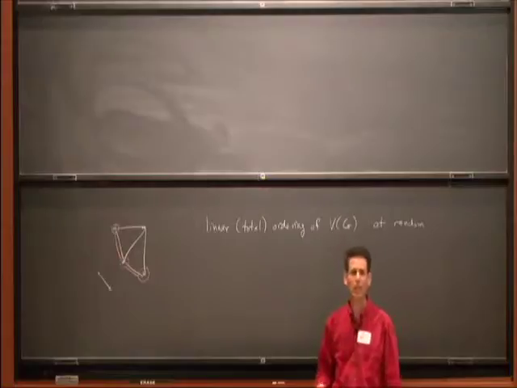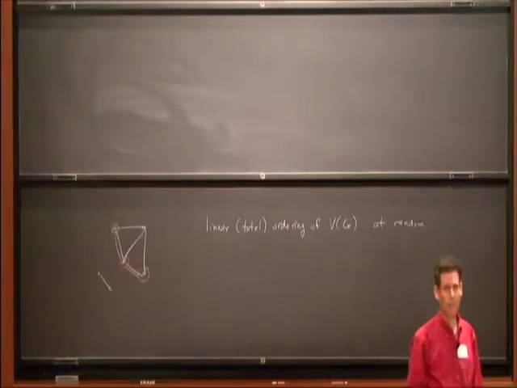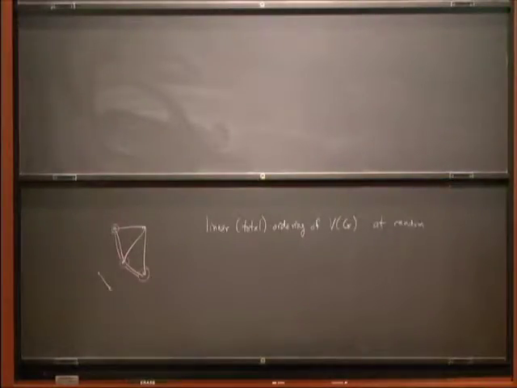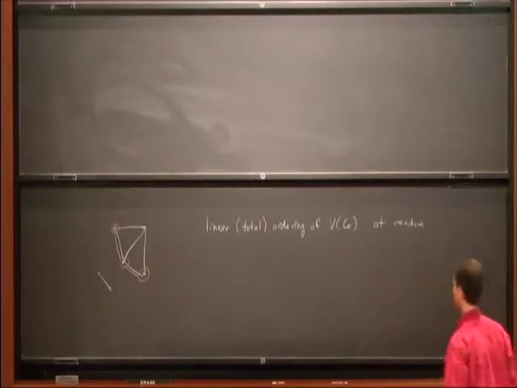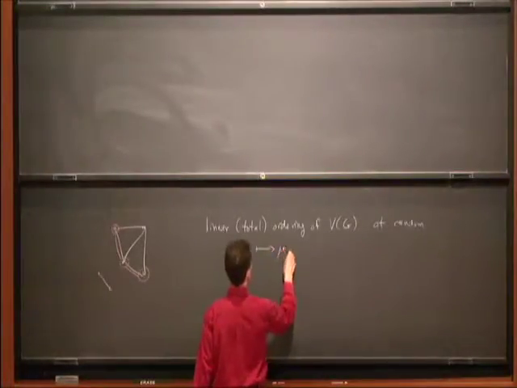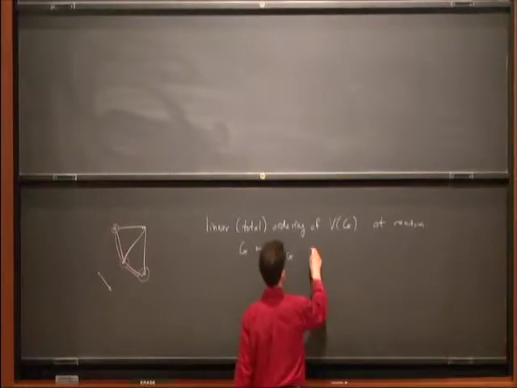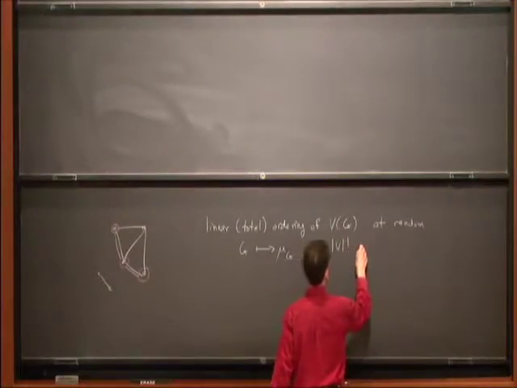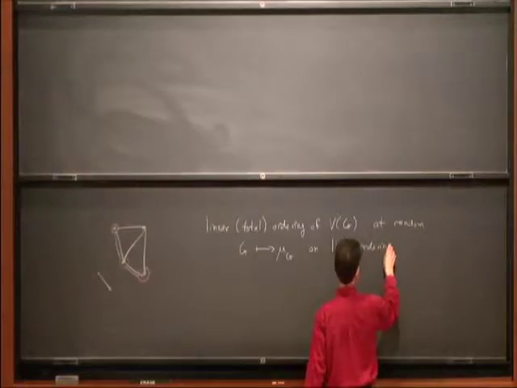So random linear ordering of the vertices. Okay, so probability measure on such things. So given a graph G, I associate to it some probability measure mu G on all V factorial linear orderings.